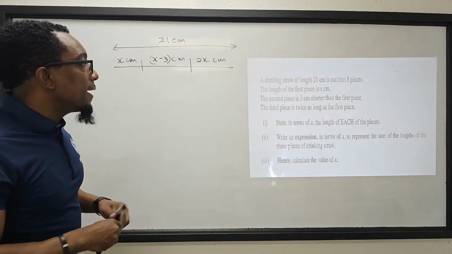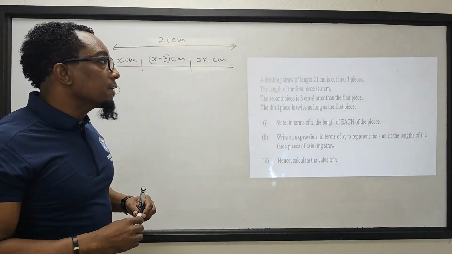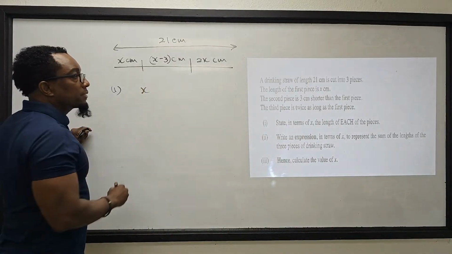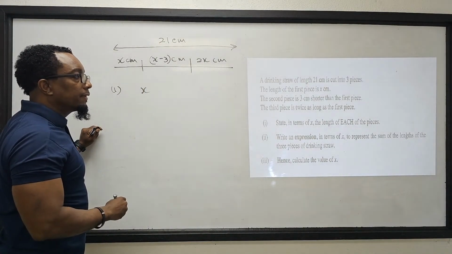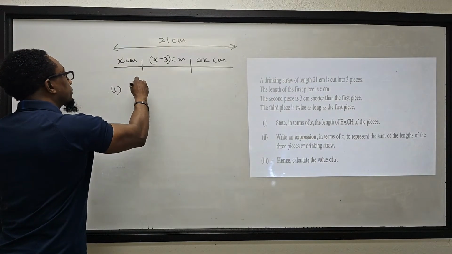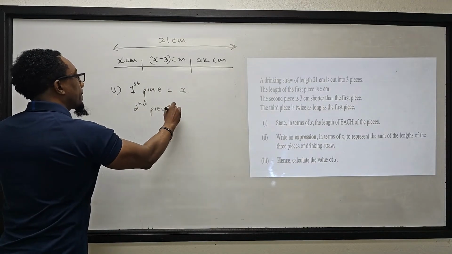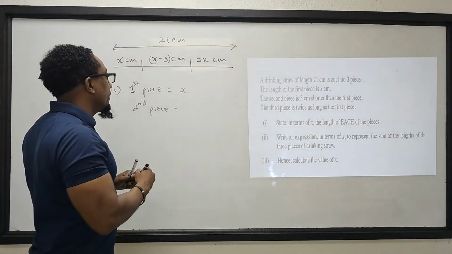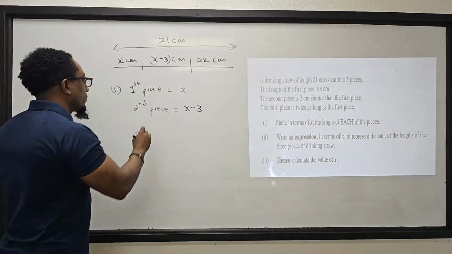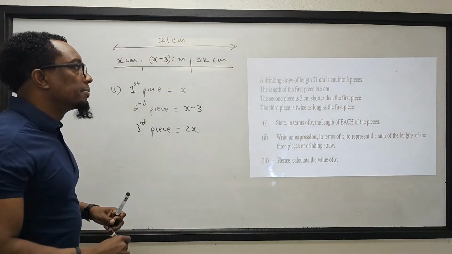So they ask us in part 1, state in terms of x the length of each of the 3 pieces. Straightforward, x will be your first piece, the second piece, x subtract 3, third piece, 2x. Right?